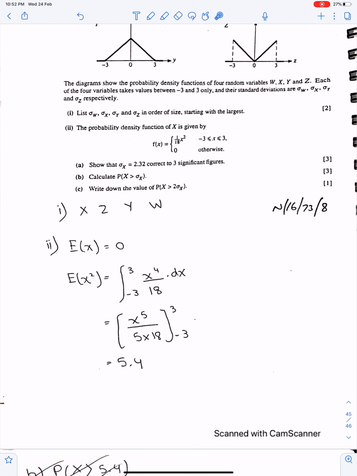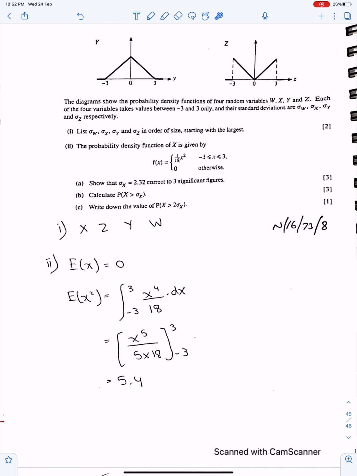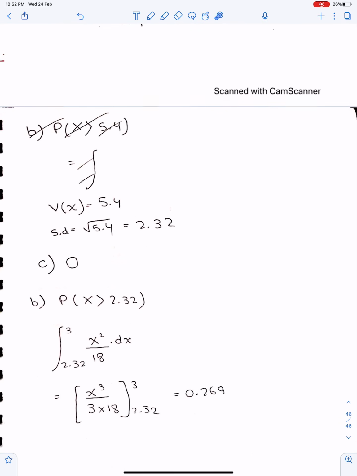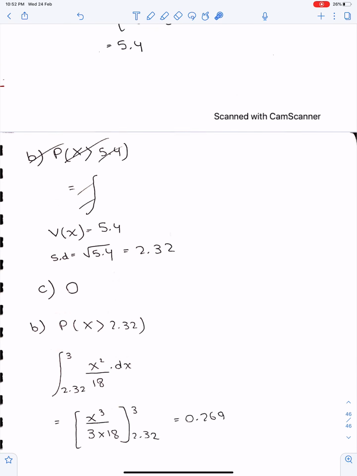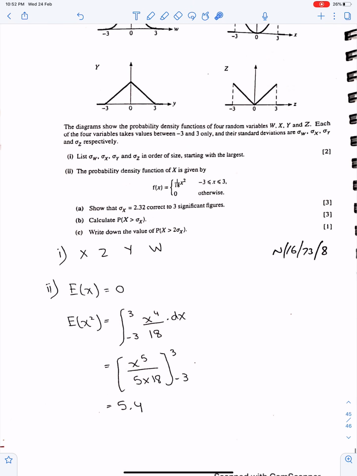This is simple. Show that the standard deviation is this. So first get the variance, and then you can easily get the standard deviation. Calculate P(X less than 2 sigma). First get this information. Sigma is 2.32, so 2 sigma will be 4.64.